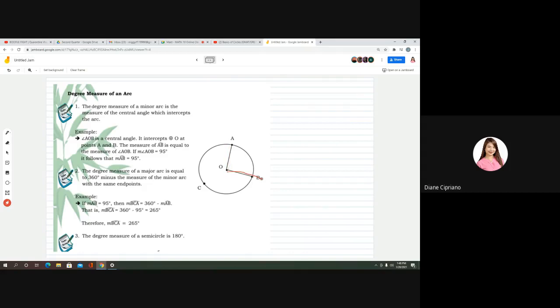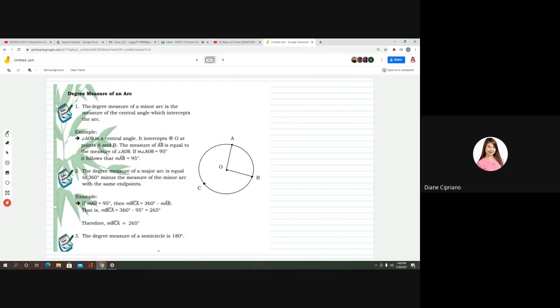This angle AOB would be your central angle and it intercepts the arc at points A and B. So the measure of arc AB is equal to the measure of angle AOB. Ibig sabihin daw kung ano daw yung measurement nito ng angle AOB is also the measurement of arc AB.